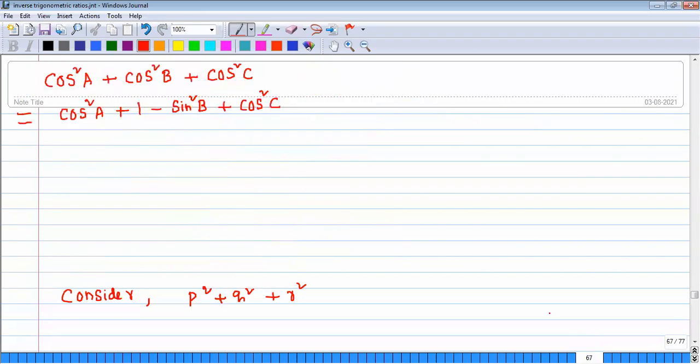Okay, right. So we can write 1 plus cos square A minus sin square B plus cos square C.